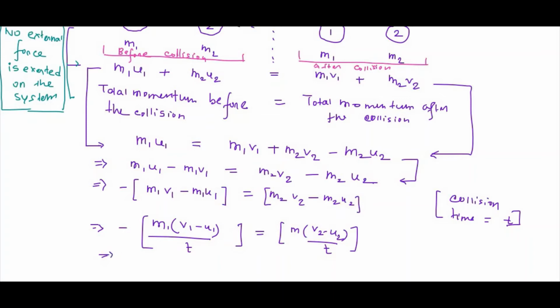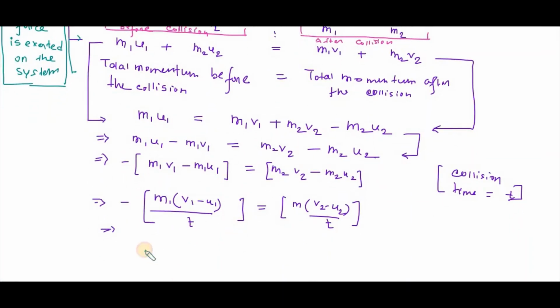This expression represents the change in velocity per unit of time, which is the acceleration. So it is m1 into a1, equal to m2 into v2 minus u2 upon t, the change in velocity of the second object with respect to time, that is a2.